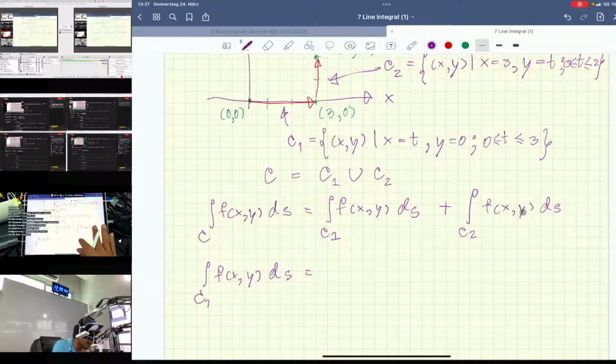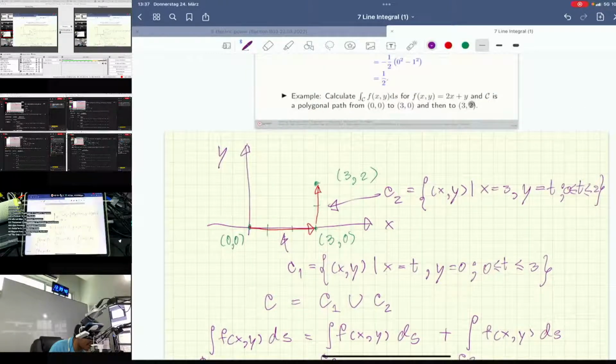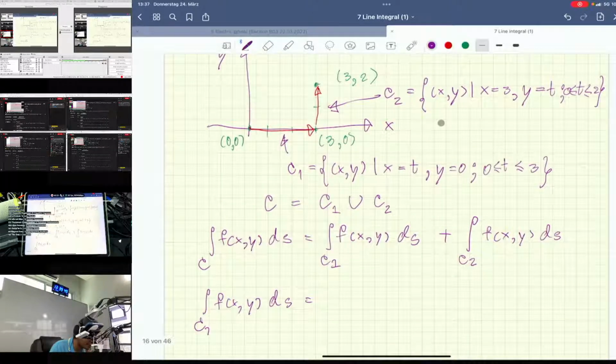You know, f(x,y) is equal to 2x plus y, right?